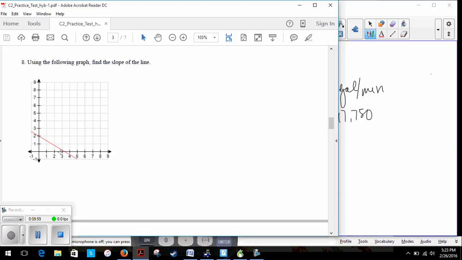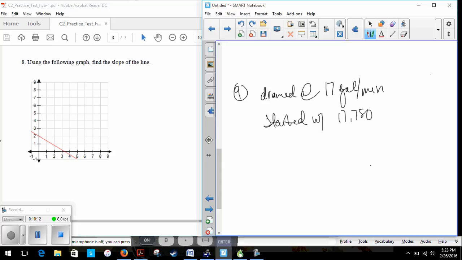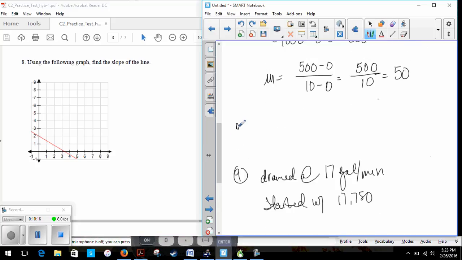So you can't use that point just because it's close. You have to go all the way to the one that it intersects perfectly at the edges of the boxes. And so my slope for number 8 is -3 over 5. And that's my slope.